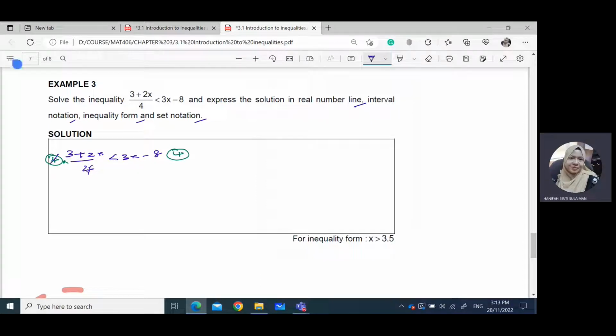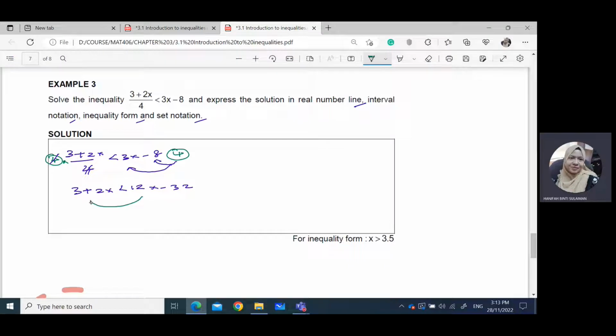So this 4 we can cancel out. Then we have 3 plus 2x, less than. So 4 times 3x, we have 12x. So 4 times negative 8, we have negative 32. Okay. Right, so we solve for this one.